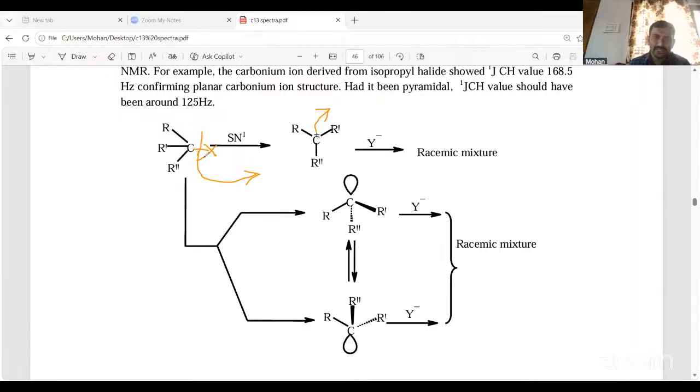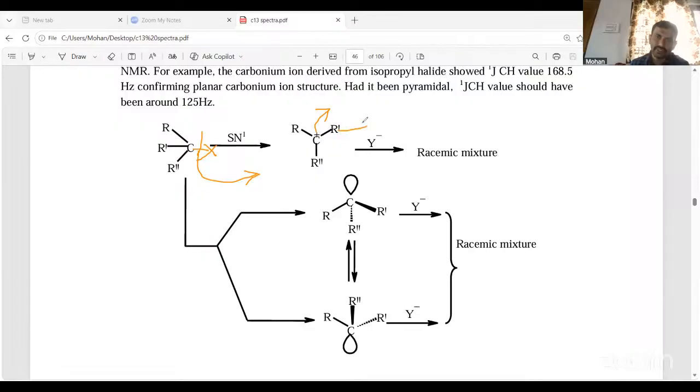After cleavage of the C-X bond, it leads to formation of a carbocation, which will acquire two geometries or structures.